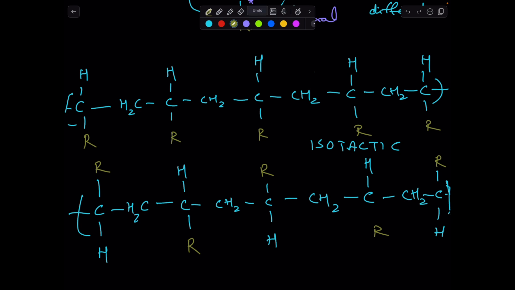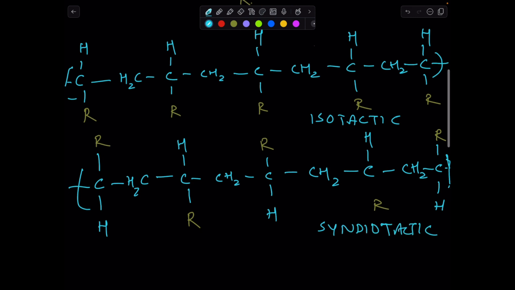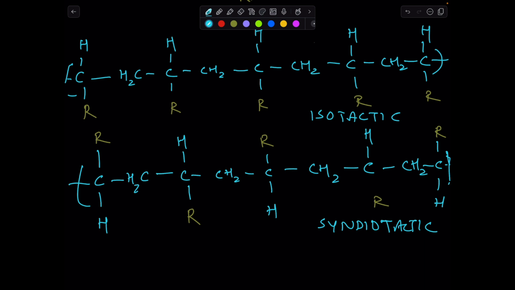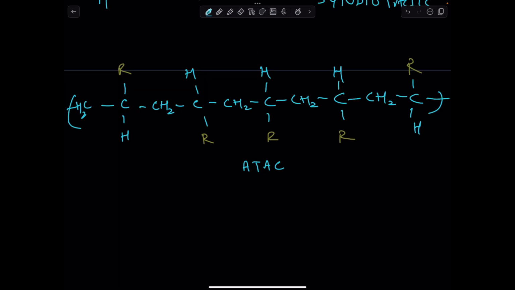So this would be syndiotactic. If the R group is randomly arranged with no pattern, then it would be atactic. So these are 3 types of isomers based on the arrangement of the alkyl group around the monosubstituted polyethylenes.